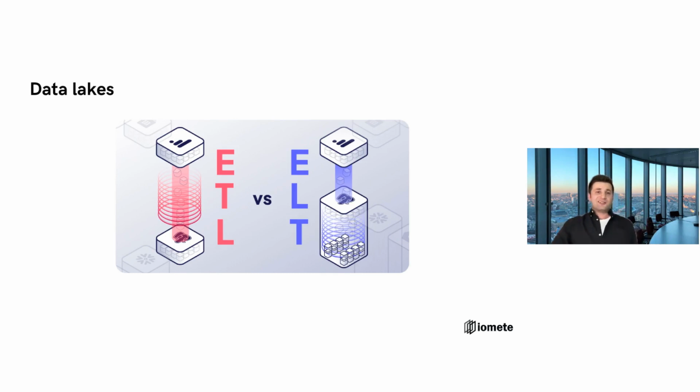Data lakes also introduced another concept, ELT. We know ETL: extract, transform, load. Data warehouses didn't have high processing power, so that's why separate technologies were doing the transformation. But there was a little problem with ETL. With ETL, transformation is the programmed part, so it's easy to introduce a bug there.